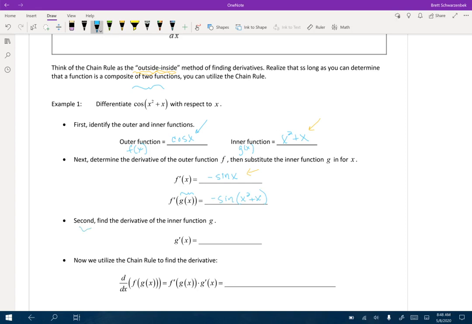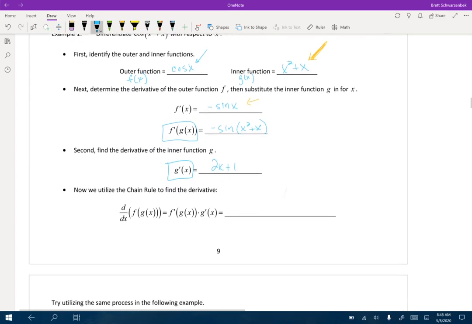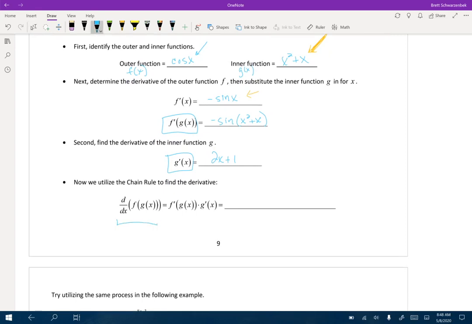Next, find the derivative of the inner function. The inner function is over here, so its derivative is going to be 2x plus 1. If you look carefully, what have we found? Our formula states that the derivative of f of g of x is the product of the two values that you see above.